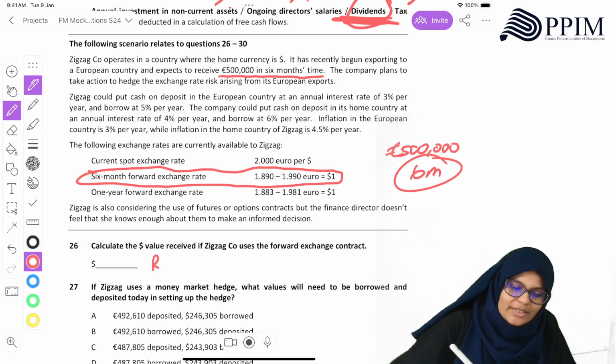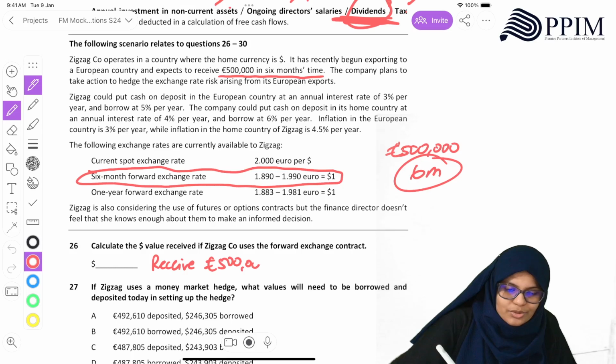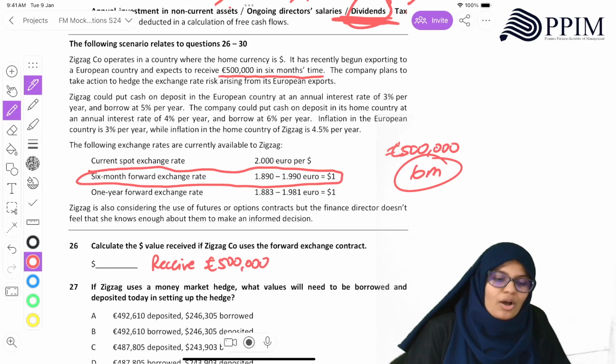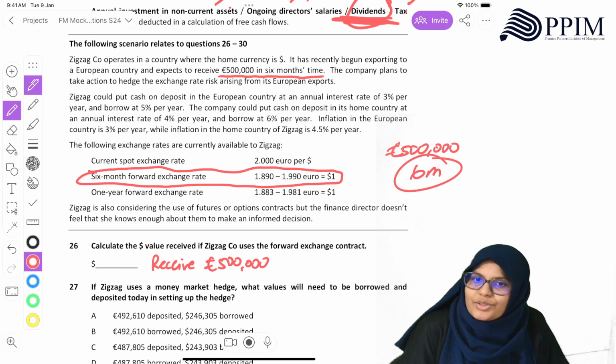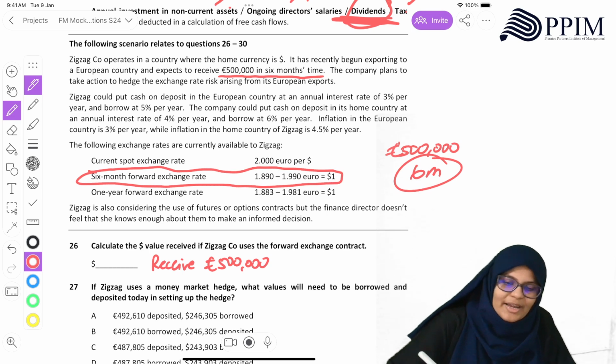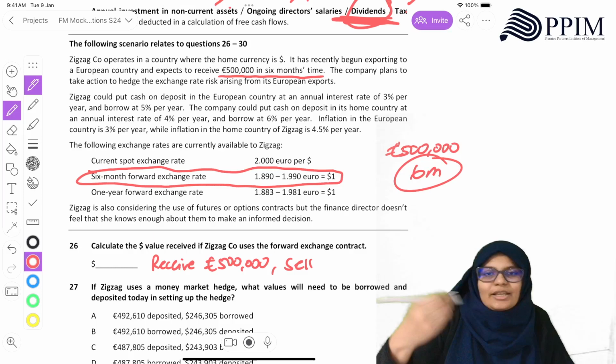Now we are going to receive 500,000 euros. Tell me, you're in the US. Can you do anything with euros? Do you want the euros? You're going to receive it. You're in the US. Will you want to keep the euros with you? You will try to sell the euros to the bank.